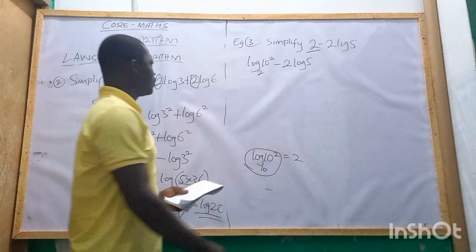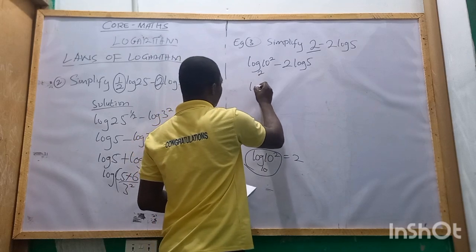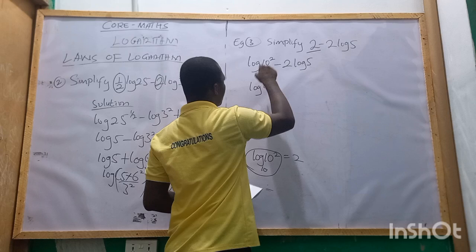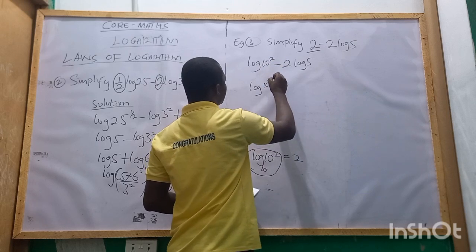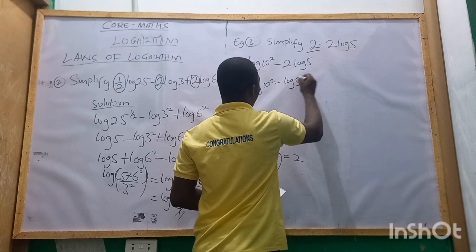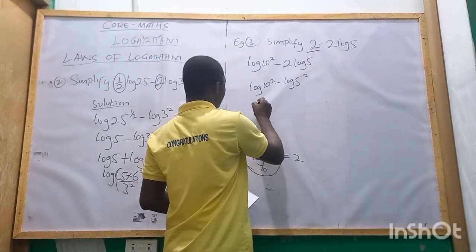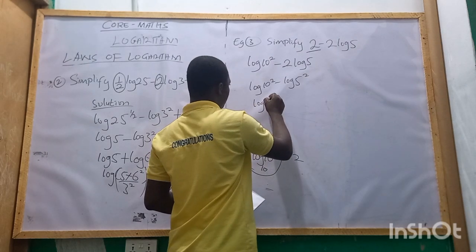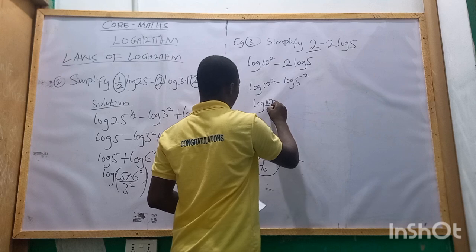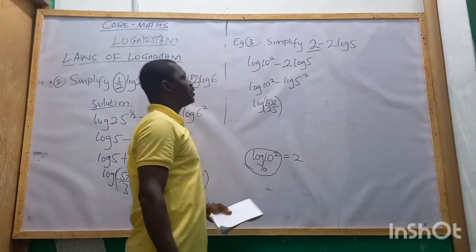Right. So I'll proceed to simplify this one. So I'll get log 10 exponent 2 minus log 5 exponent 2, which will be log 100 over 25, because they are subtracted.